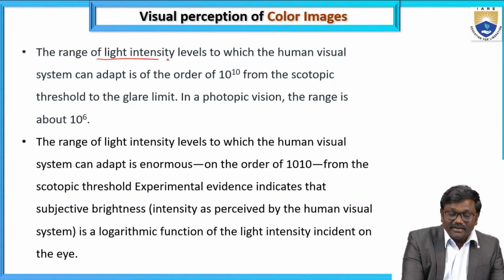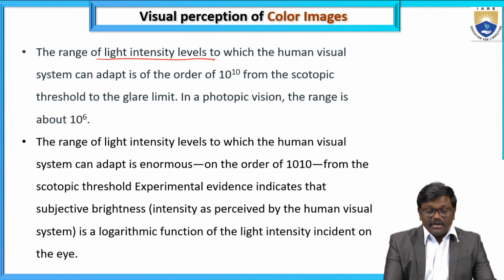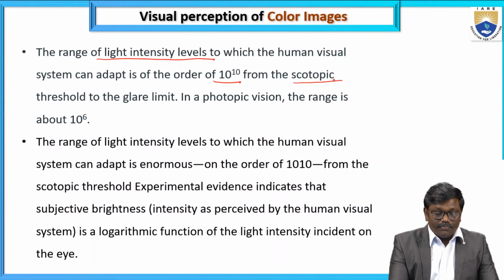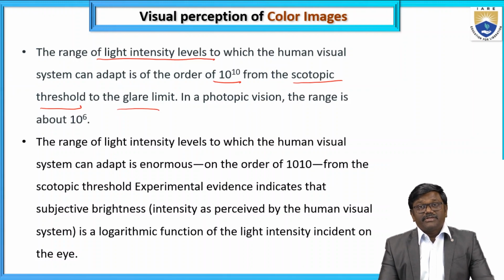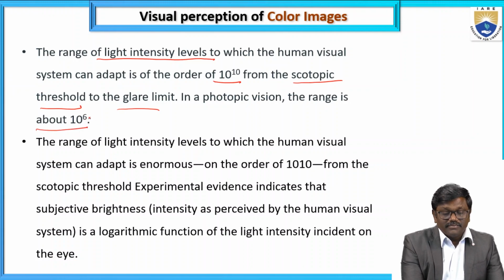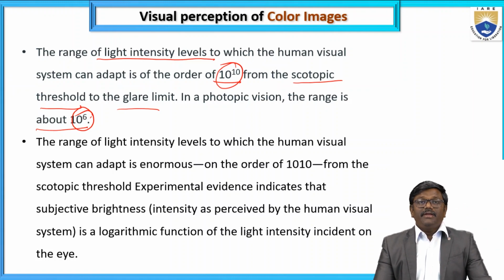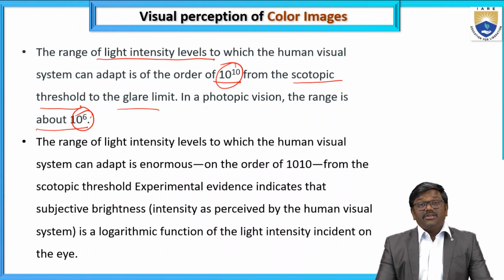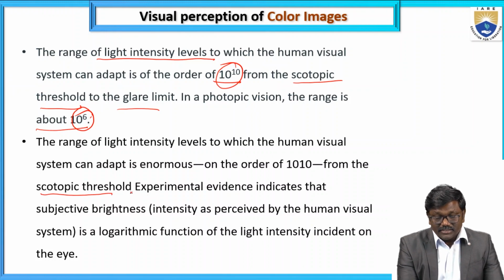The range of light intensity levels to which the human visual system can adapt is of the order of 10 to the power of 10, from the scotopic threshold to the glare limit. In photopic vision alone, the range is about 10 to the power of 6. So you can see how this range differs.